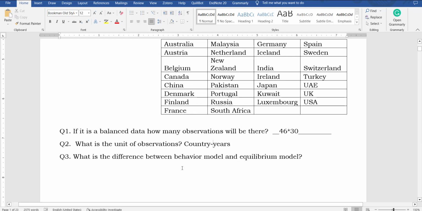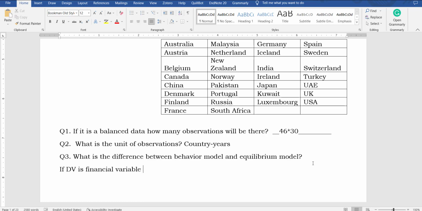What is the difference between a behavioral model and an equilibrium model? When you start a panel data model, you need to understand what kind of model you are going to estimate. If your dependent variable is a financial variable like GDP or interest rate or money supply, or currency growth or currency percentage as units, then it will be a financial variable.